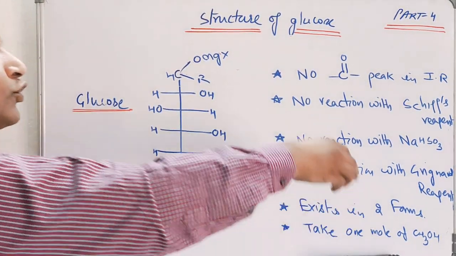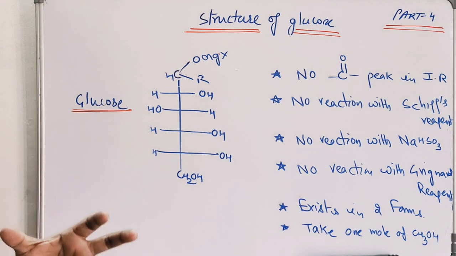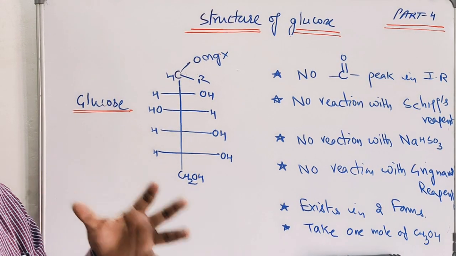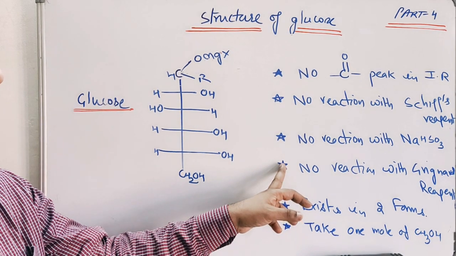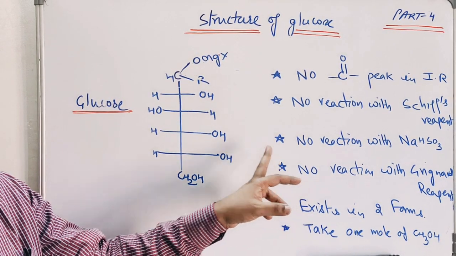But this reaction was not observed with the aldehyde of glucose in open chain structure. So again, it was very doubtful why no such reaction with Grignard reagent was observed.